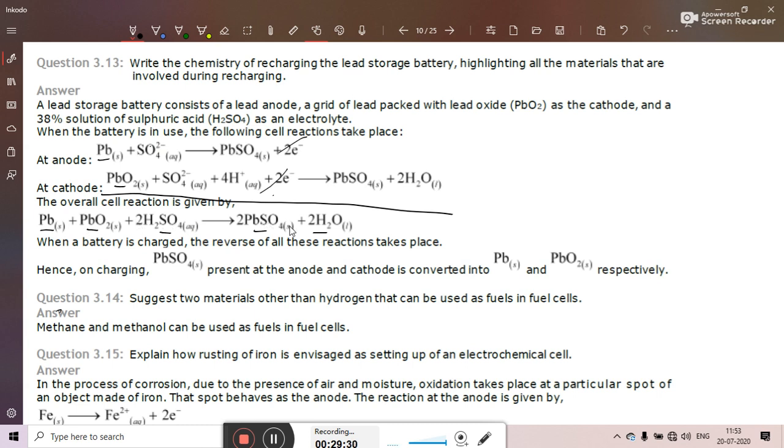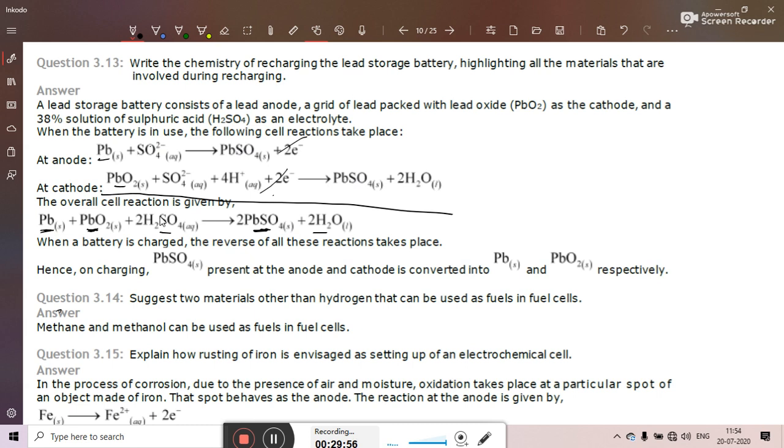So what will be the reaction while recharging the cell? So a reverse reaction is taking place. So when a battery is charged, the reverse of all this takes place. That means on recharging, PbSO4 will get converted into Pb and PbO2 respectively. So at the anode PbSO4 will convert into Pb on recharging, and at the cathode PbSO4 will be converted into PbO2.